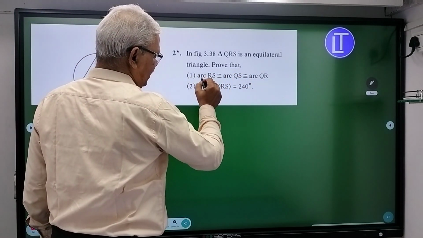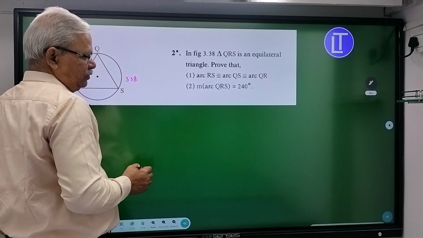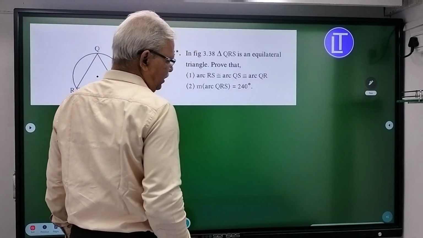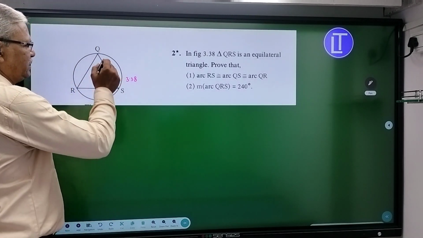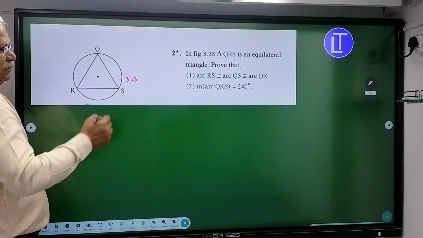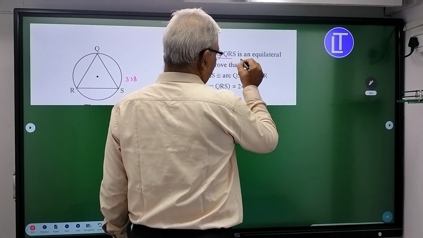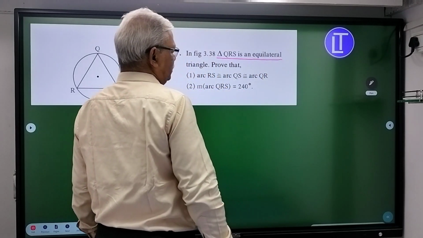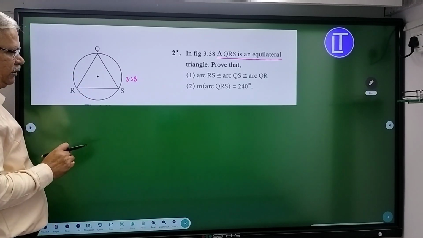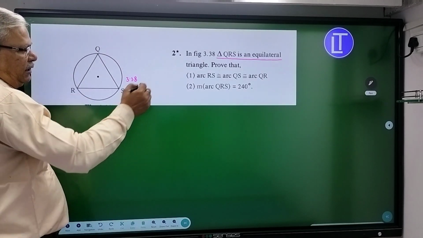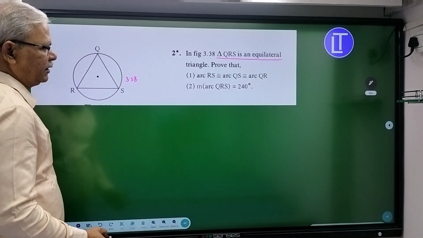Prove that arc RS is congruent to arc QS is congruent to arc QR. Okay? Now see here, we will start from the point which is given. What is given? Triangle QRS is an equilateral triangle.